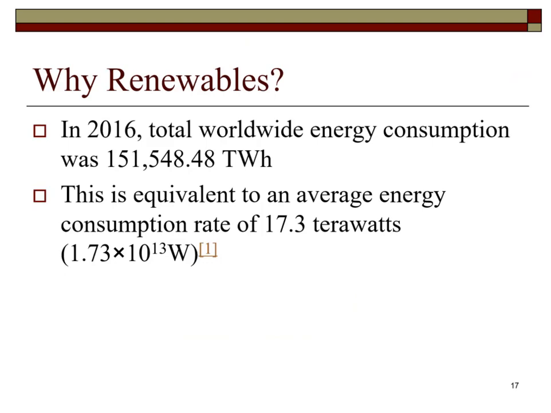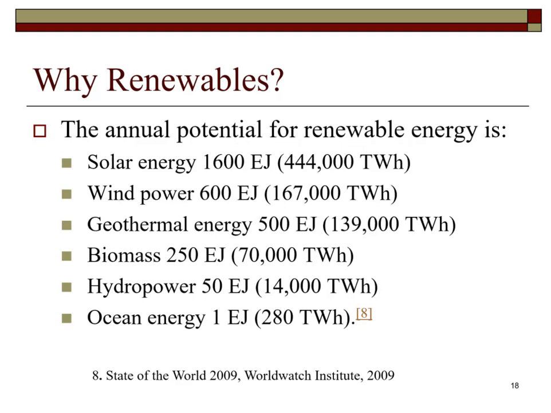As there are 8,760 hours per year, this is the energy consumed at the rate of 17.3 terawatts. Solar energy has the potential to supply 3 times the global energy requirements. Wind could supply all the global energy requirements, as well as geothermal.